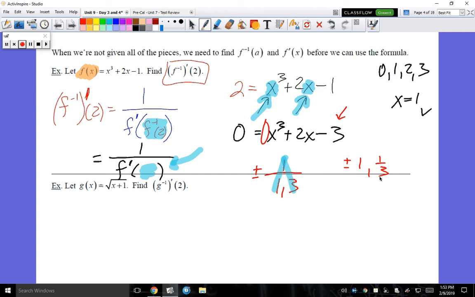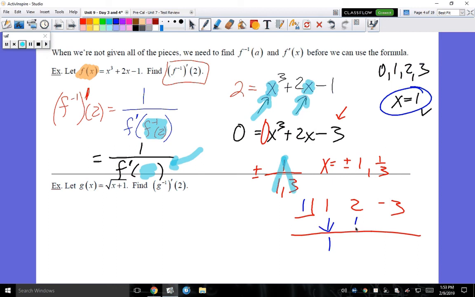Essentially you have 4 numbers to test with synthetic division, and one of these 4 would work. We see that 1 could possibly work, and synthetic division says that my remainder is in fact 0.